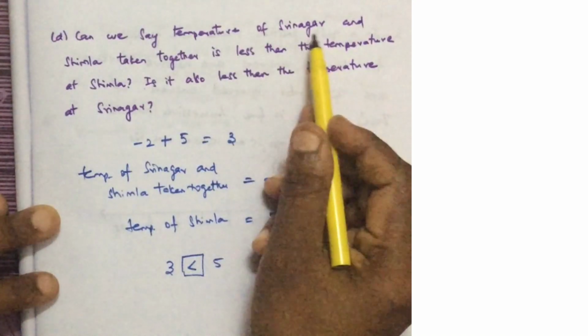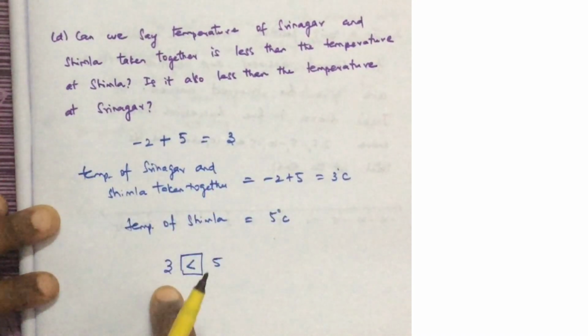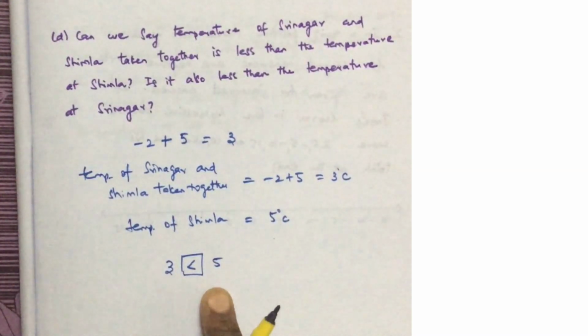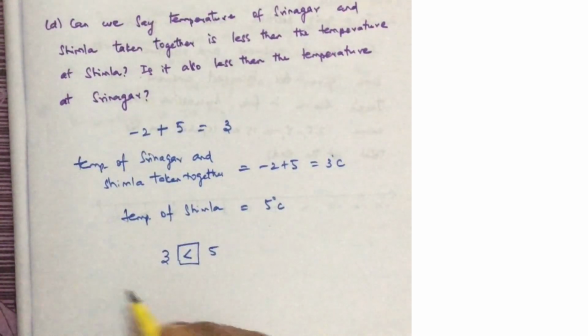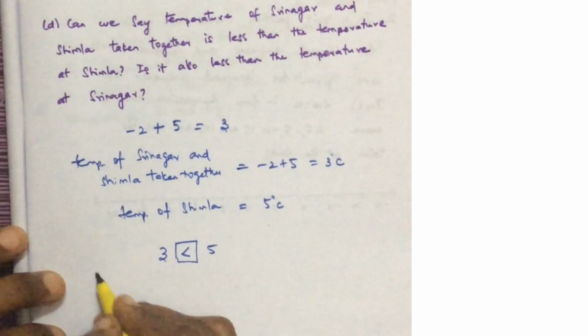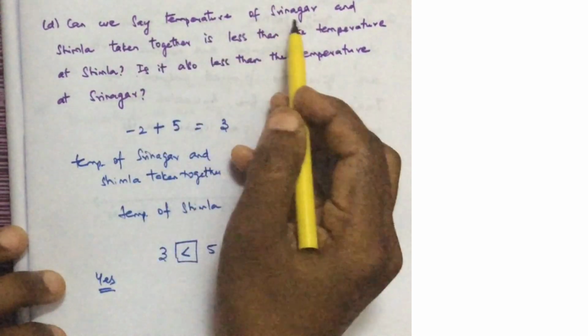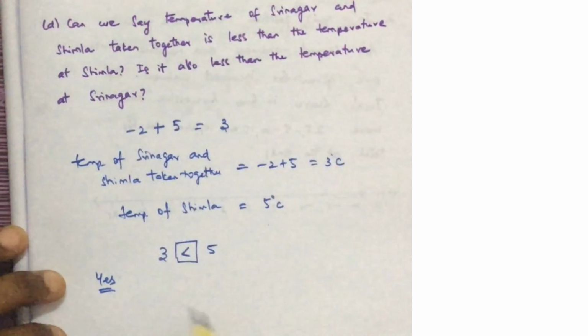Can we say the temperature of Srinagar and Shimla taken together is less than the temperature of Shimla? So the first statement is true. We can say that. For the first I can say yes. Okay, we can say the temperature of Srinagar and Shimla taken together is less than the temperature of Shimla. Okay, you can write this.